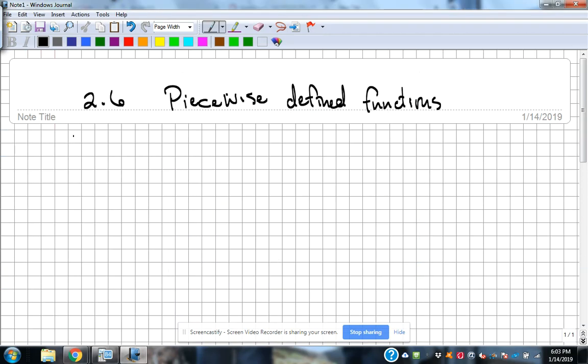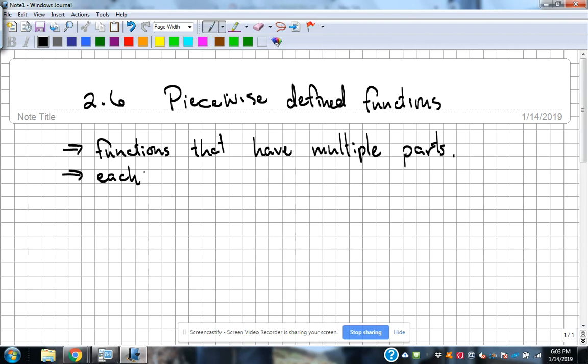All right. So there are functions that have multiple parts. Each part has a domain that's given.